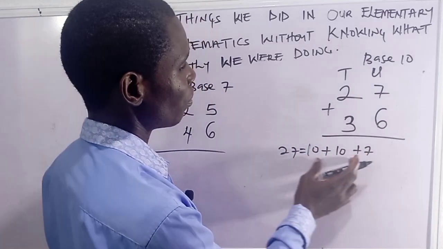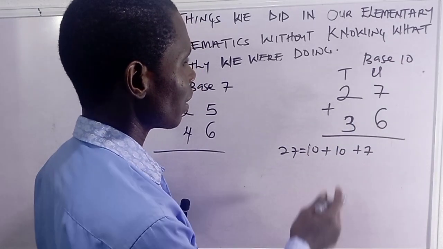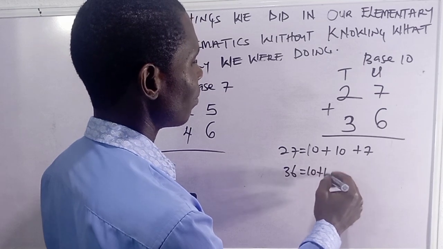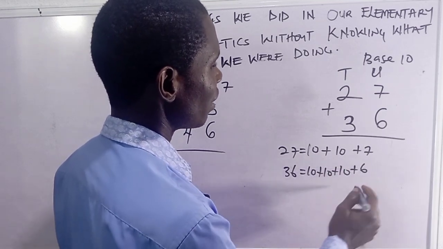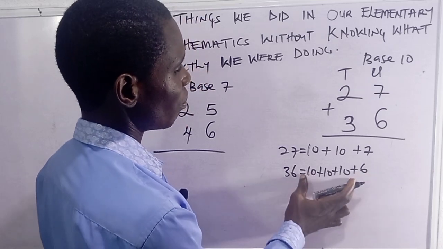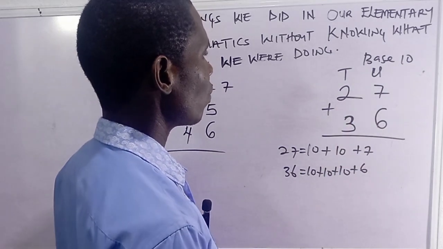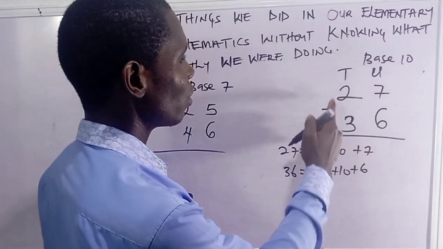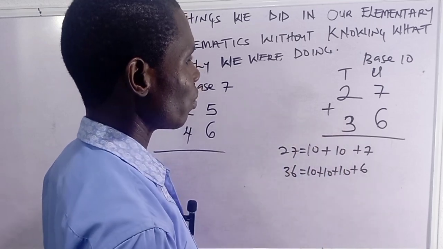So this is not up to a bundle of 10, so we placed it in the unit column. 36 is same as 10 plus 10 plus 10 plus 6. So 6 is not up to a bundle of 10. We placed it in the unit column. So this tens column is for tens, bundles of 10. So here we have 2 bundles of 10 and 3 bundles of 10.